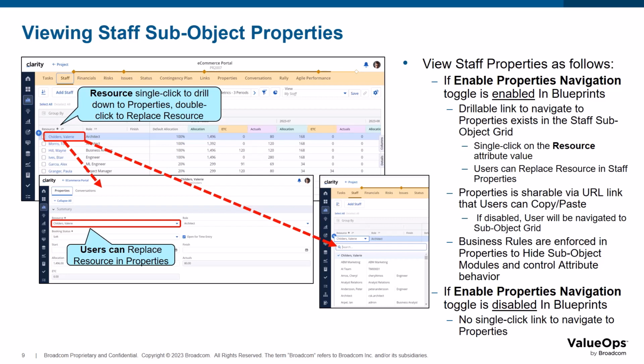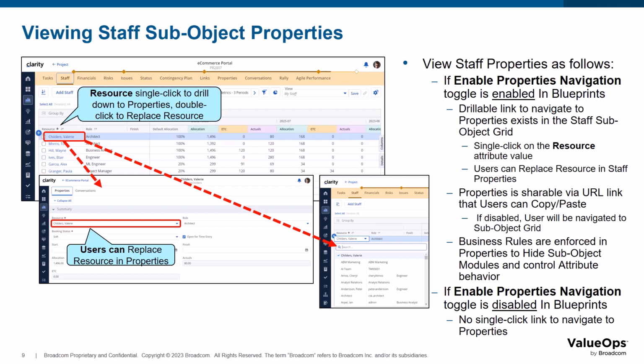The second thing that's rather unique about staff is that there's a double-click action already to replace the staff resource. So in order to access the staff properties, you'll use a single click. And once you do that on the resource, you will then see the staff properties if they're enabled.